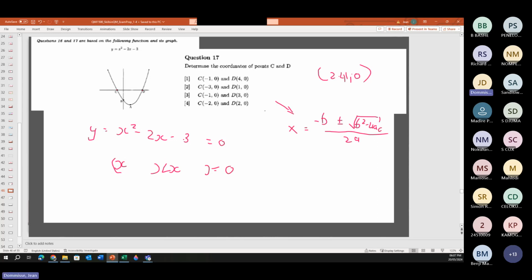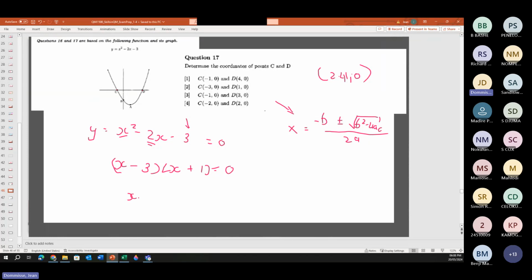The only way we can factorize a 3 is by 3 and 1. So the negative 2 tells me that the negative will be closest to the 3. Let's make 100% sure: x times x will give you that. Minus 3x plus x gives me the minus 2x, and that times that would have given me minus 3.